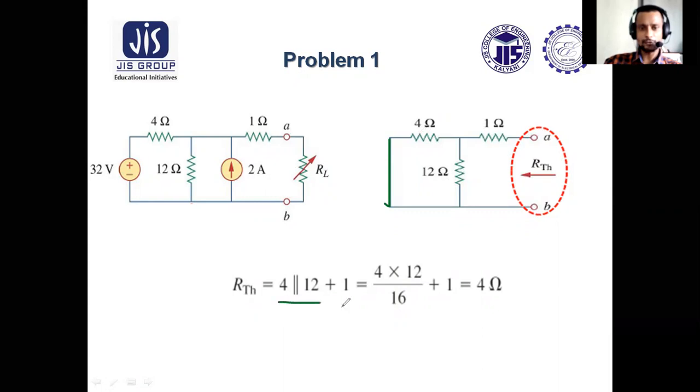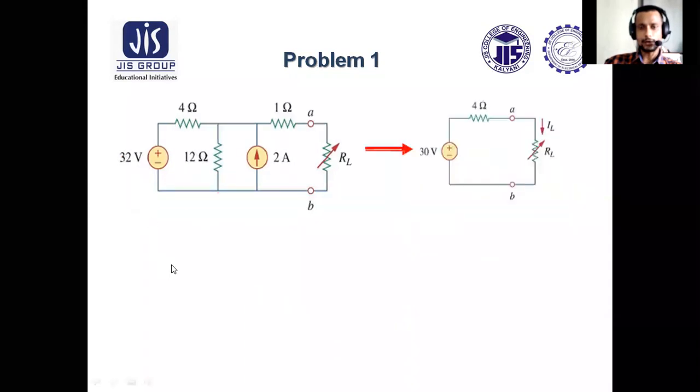So 4 parallel 12 plus 1. This is 4 ohm. So RTH is 4 ohm. VTH is 30 volt. So this is Thevenin's equivalent circuit.